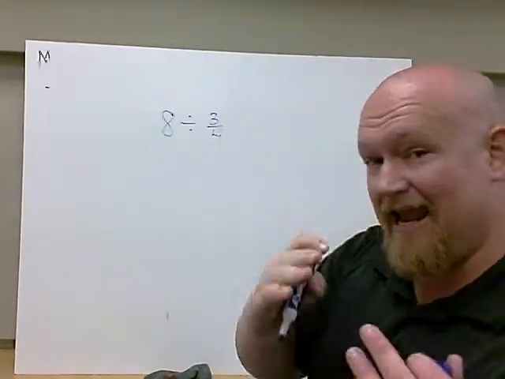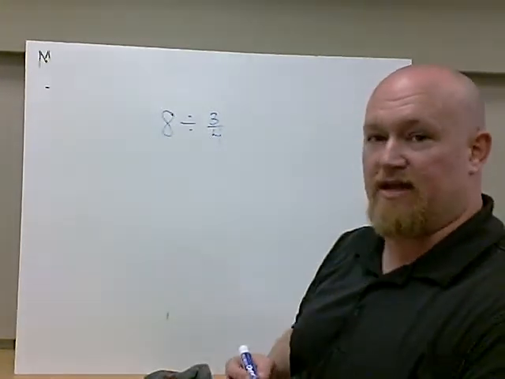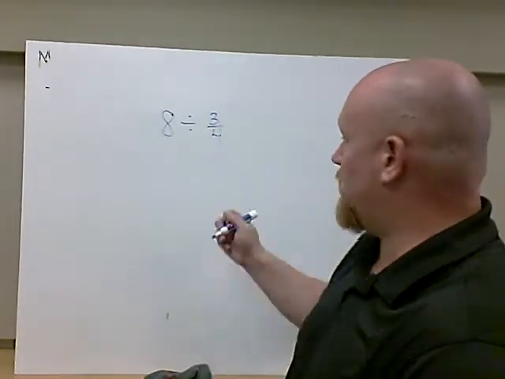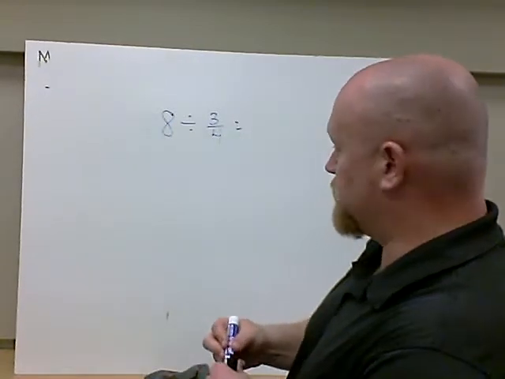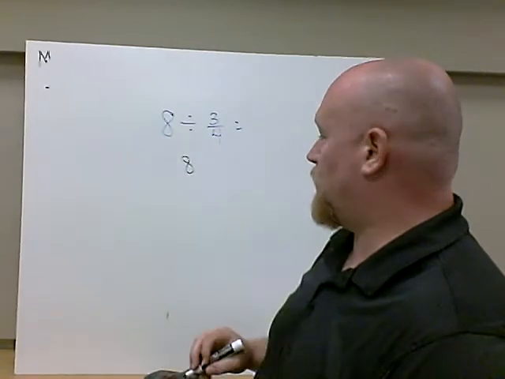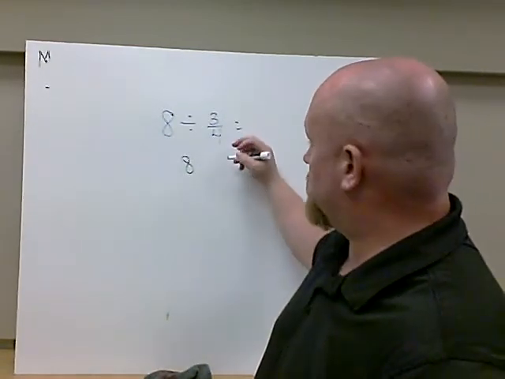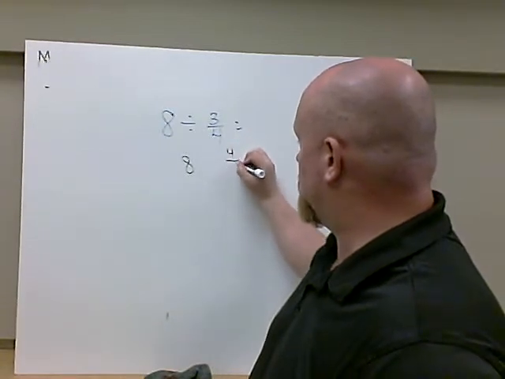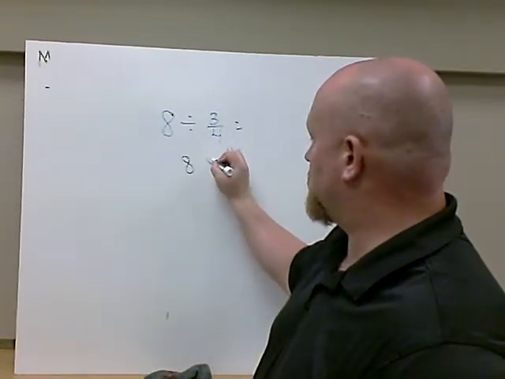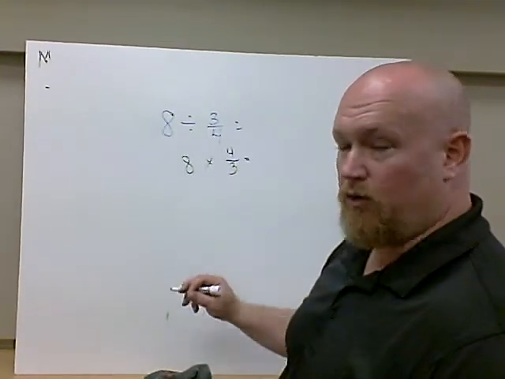If we want to take 8 and divide it into 3/4 segments, how many segments would that be? To solve, all we do is leave our dividend alone, the one we're dividing, and then take our divisor and take its reciprocal. 3/4 flips on itself to 4/3, and the inverse of division is multiplication. Whole number over 1.